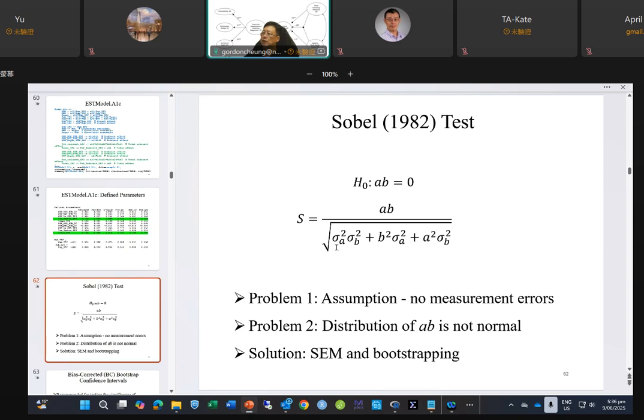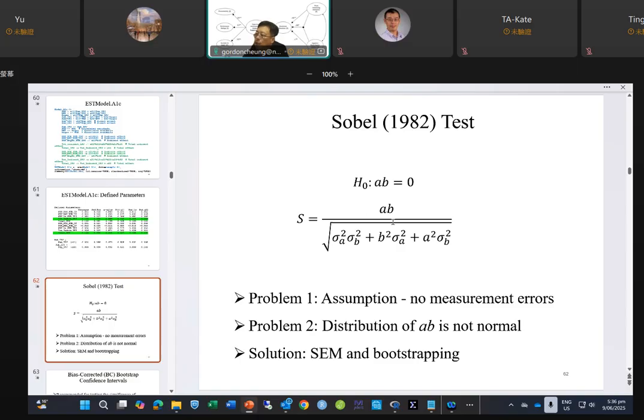Some people said that we should subtract the first term. Some people said that we do not need to have this first term. But in any case, the Sobel test is referring to a normal distribution.